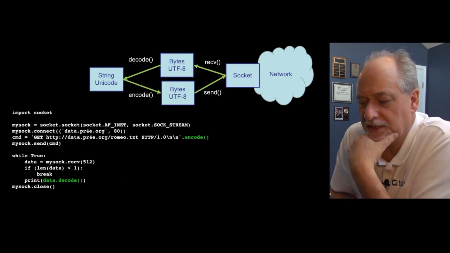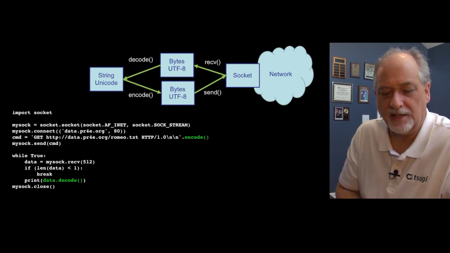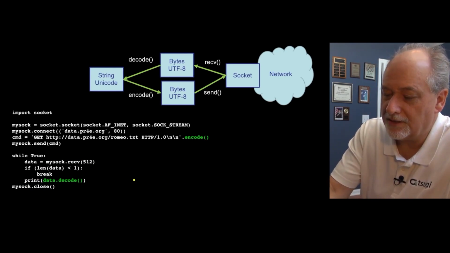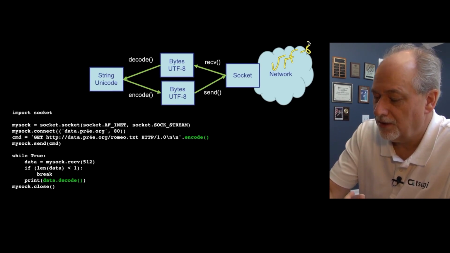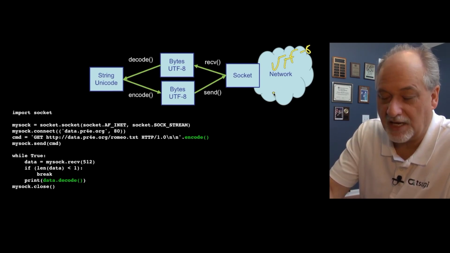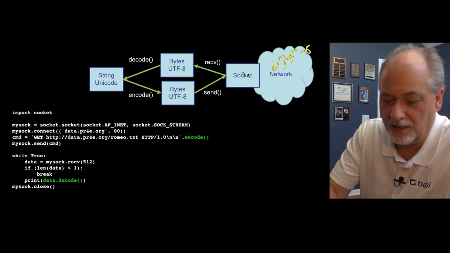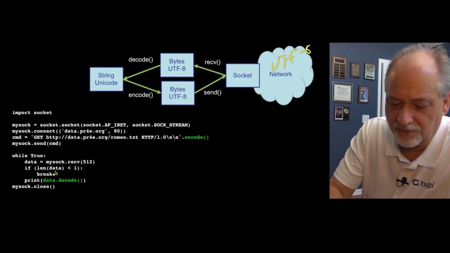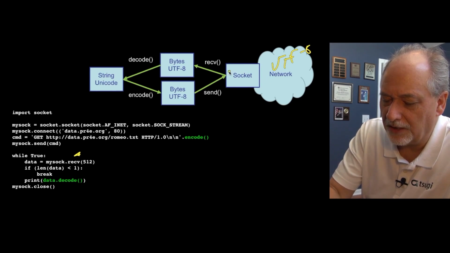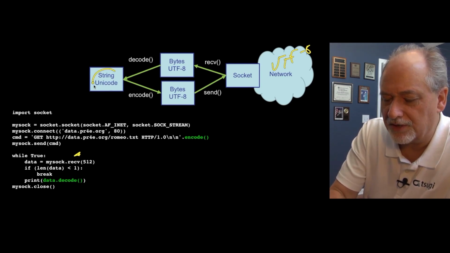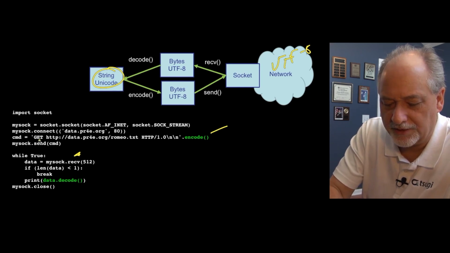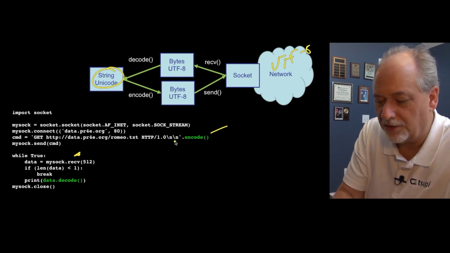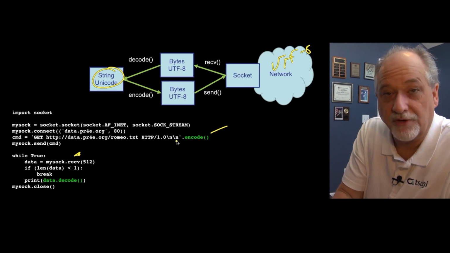So you can think of the process this way: the network has these mostly UTF-8 resources, not ASCII. If it's ASCII, it's okay. So you read with the receive. Let's start with the send. Up here, we have a Unicode string. That's a Unicode string, even though there's no special characters in it, no Asian characters or French characters.